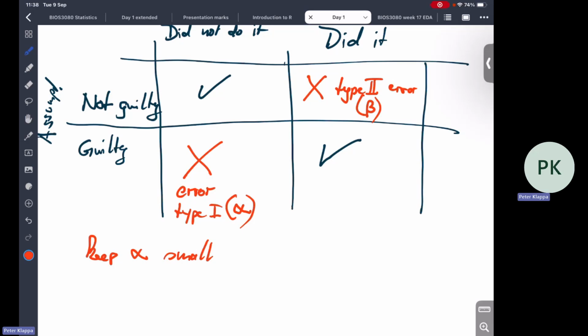It depends on the context sometimes. Sometimes we want to keep alpha small, beta, we don't worry too much. Sometimes we want to keep beta small and we don't worry too much about alpha. And alpha and beta are actually somehow related to each other. But this is what we need to make sure that we don't make the wrong verdict.